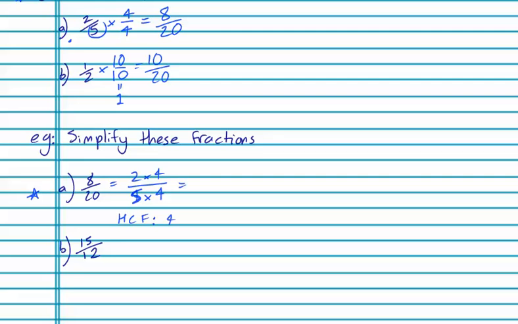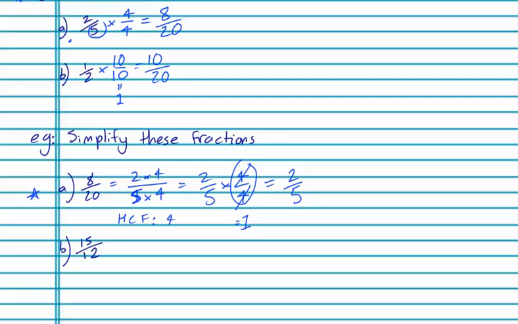And I'm allowed to separate out my fraction if it's multiplied into 2 different fractions. That's 2/5 times 4/4. And we know that 4 divided by 4 is just 1, and times 1 doesn't change anything, so I can cancel those, and I'm left with 2/5, and it's the same as 8/20.